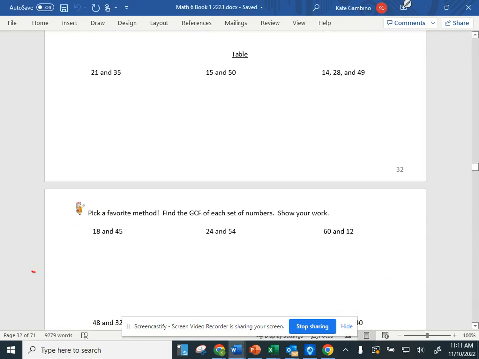Let's look at the table. When we use a table, we did 21 and 35. And we could say 7 times 3, 7 times 5 is 35.